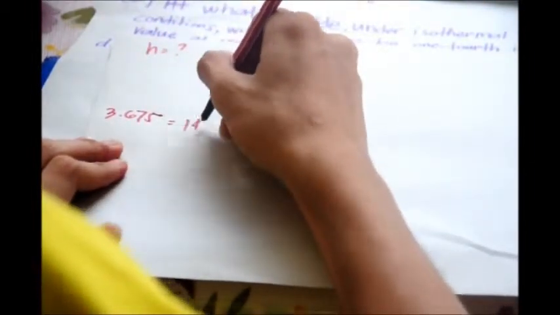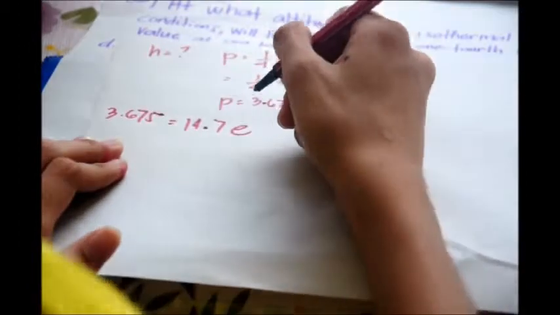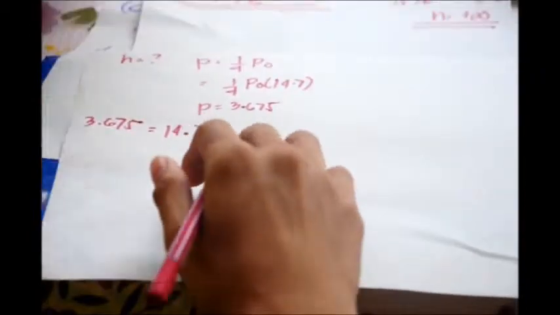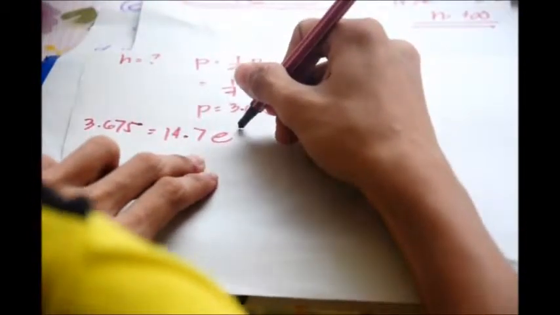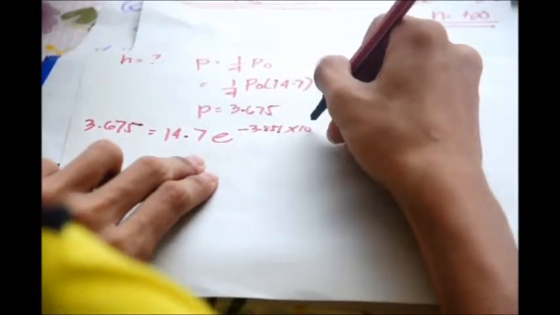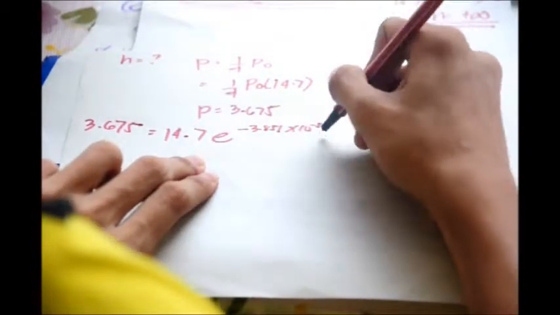That is, 3.675 equals 14.7 e to the negative 3.851 times 10 to the negative 5 h.